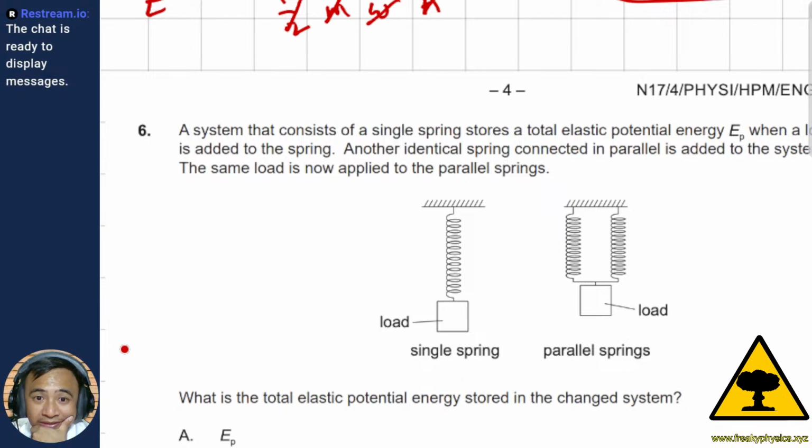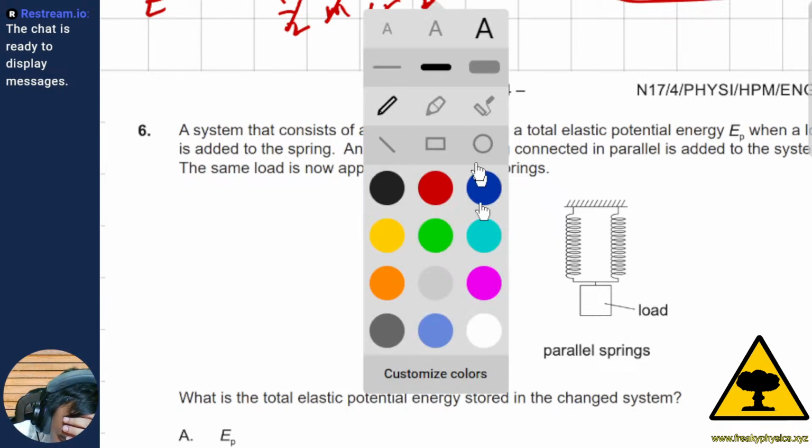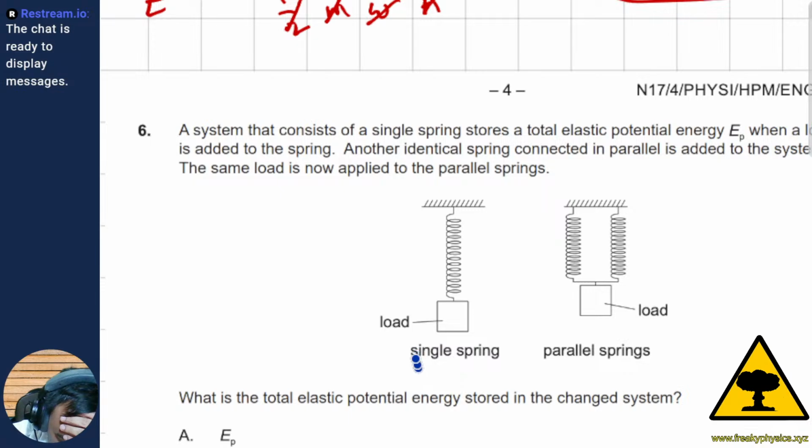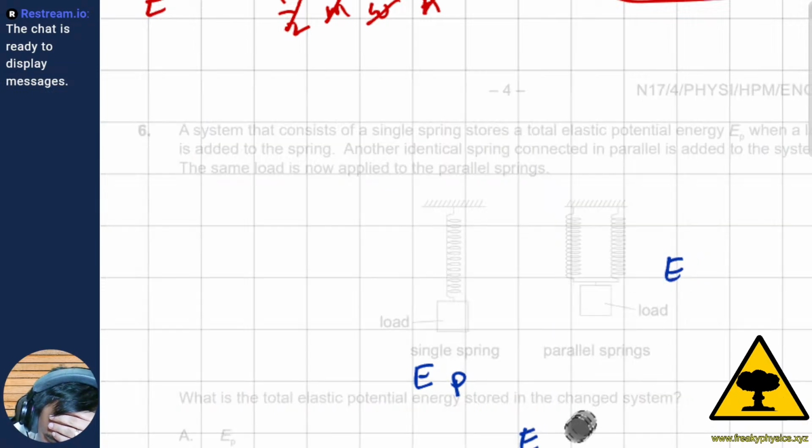Let's label this real quickly. The energy here is EP and the energy here is E. So what is E compared to EP?